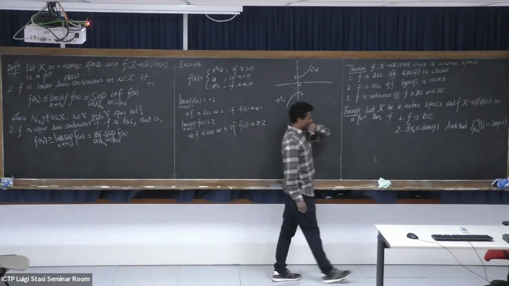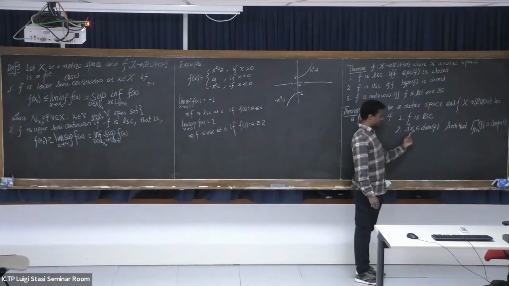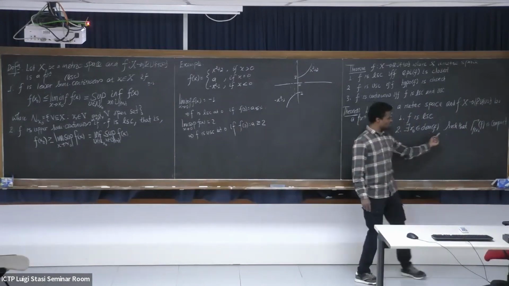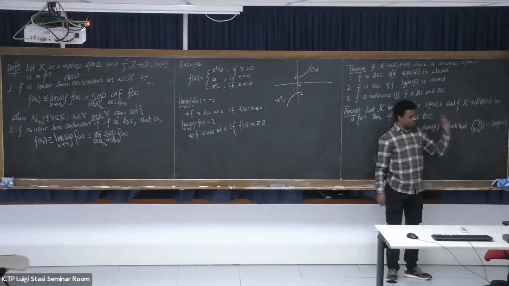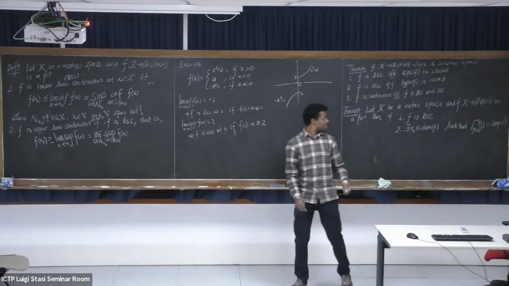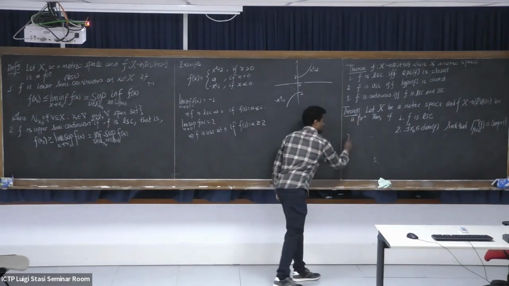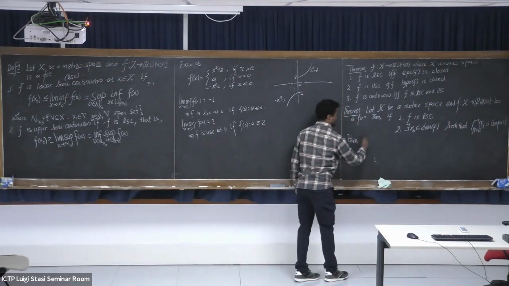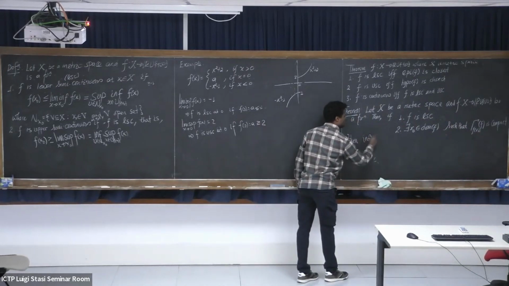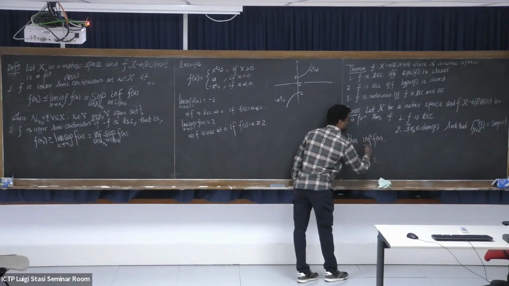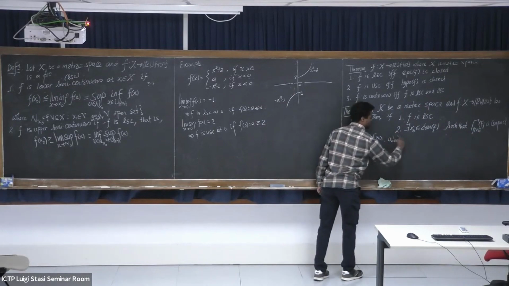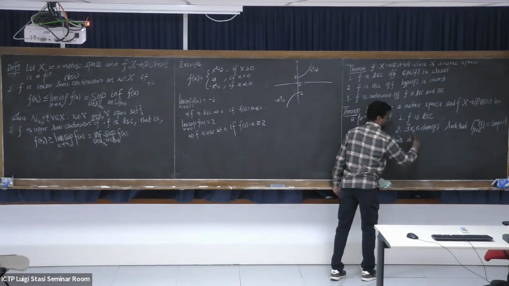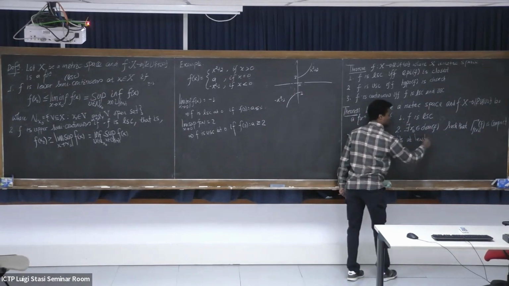F is lower semi-continuous, and if you can find X naught in the domain of F so that the sublevel set of F at F of X naught is compact, then it is true that the minimization of F of X over the whole space X admits at least one solution.